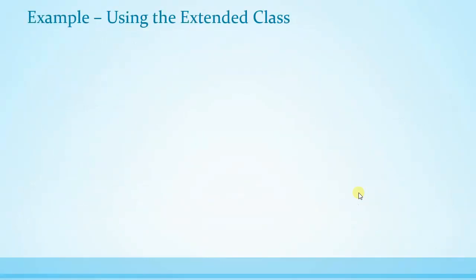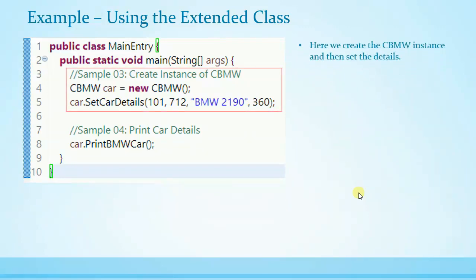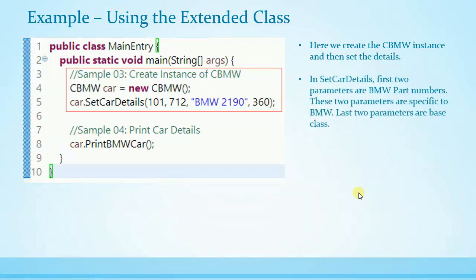So here we are using the extended class. At code snippet 3, we are creating a new BMW car. Then we make a call to the setCarDetails function. As a user, through documentation, we know that the first two members are for part numbers. Then the third member is the name given to a car, and the fourth is its maximum speed.